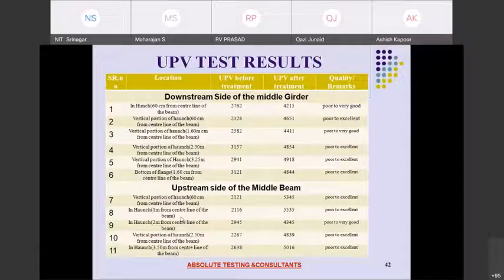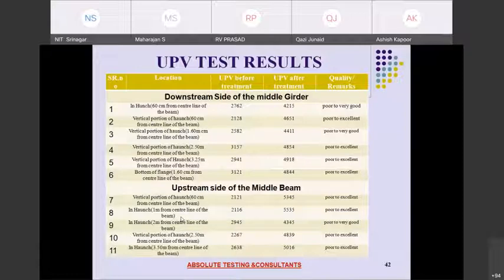So these are the results. You can see the downstream side of the middle girder, UPV before treatment, UPV after treatment. Ultrasonic pulse velocity, initially you can see, was not more than 3100. The maximum value we were getting was 3157. But after the injection grouting, you can see all the values are in the range of excellent or very good.